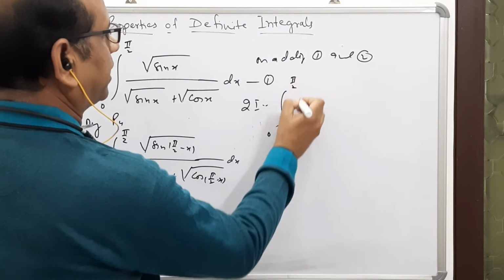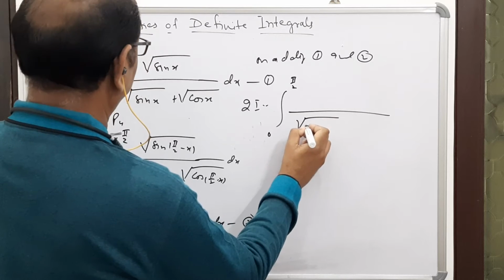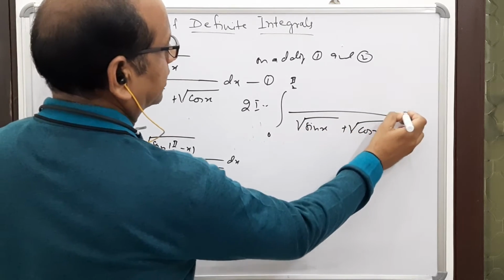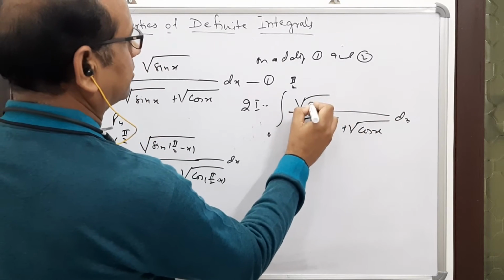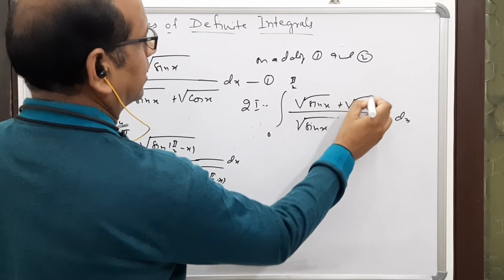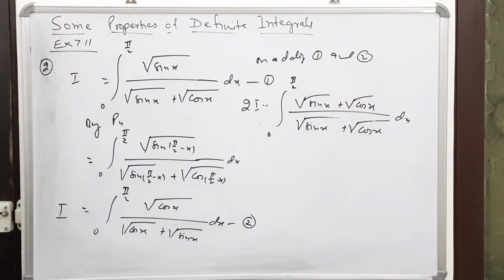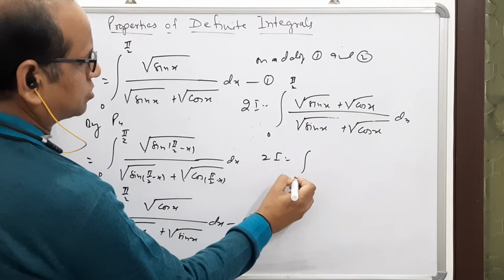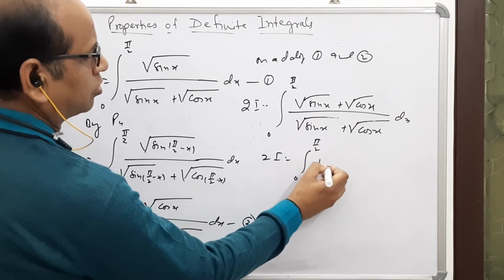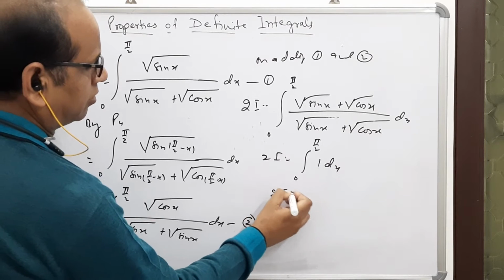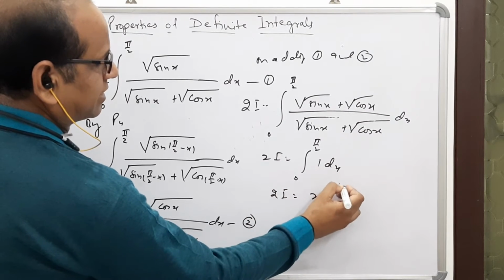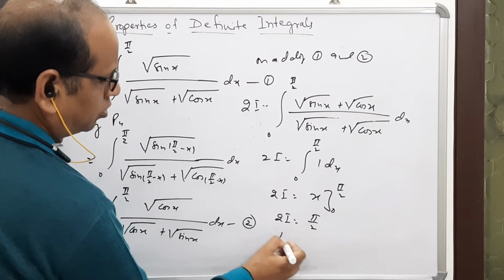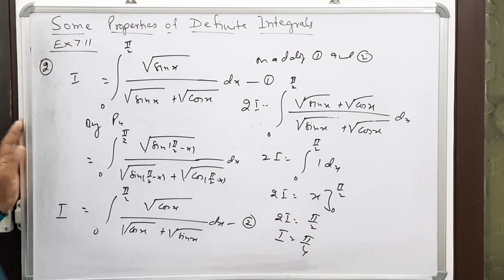So it's 0 to pi by 2, and when you add it, it is root sin x plus root cos x over root sin x plus root cos x dx. Please see this part. So the next part is 2I equals integral 0 to pi by 2 of 1 dx, or 2I equals, the integration is x. So 2I is pi by 2, or I equals pi by 4.